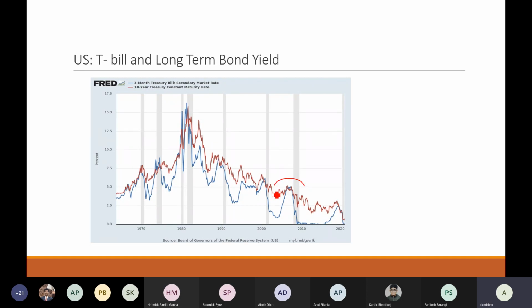This is the 2007-8 crisis. So what we are observing is that short-term trend is down and long-term trend is also down, but the gap between short-term and long-term is a very good indicator.